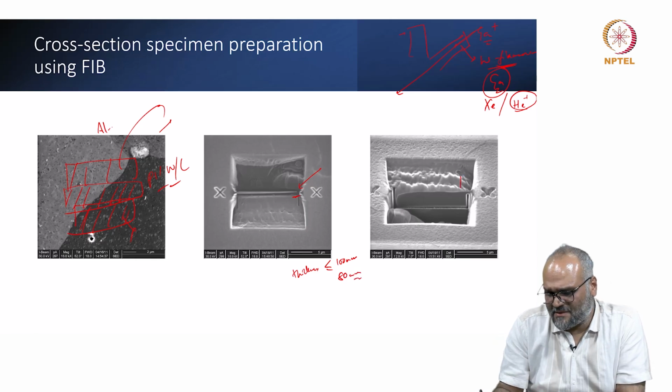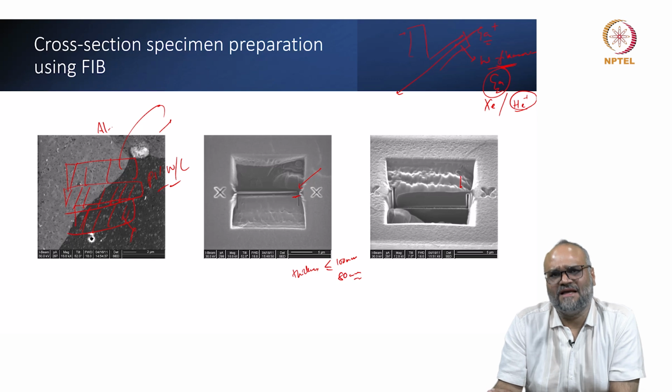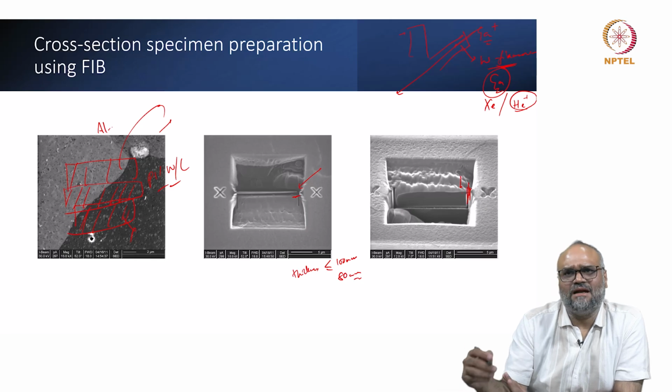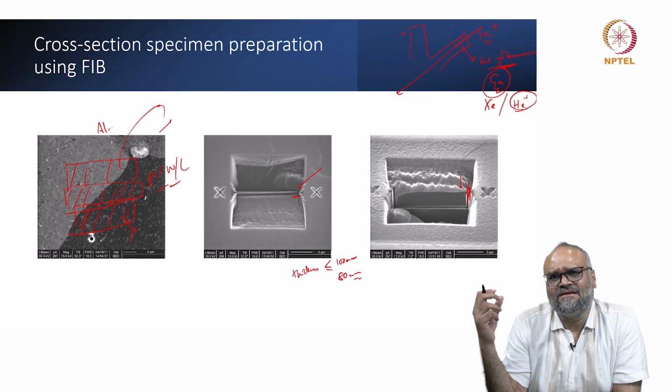So here is how a typical thin TEM specimen looks. If you have an in situ manipulator, you can section this, lift this out, and do even finer thinning and get a very good quality specimen.